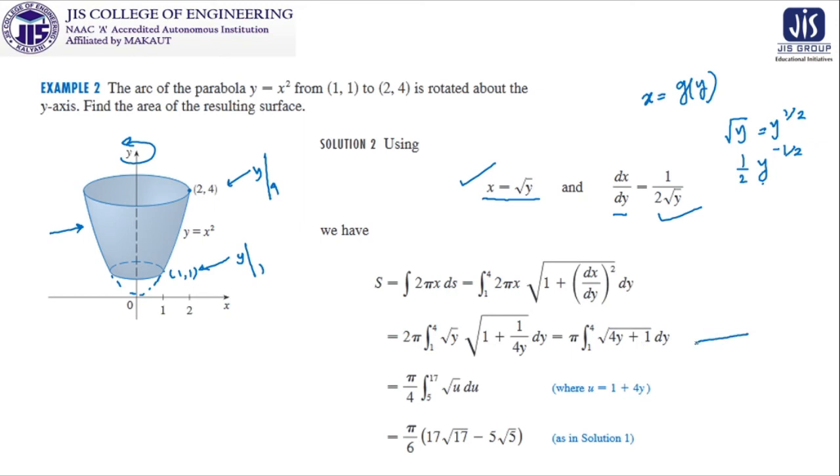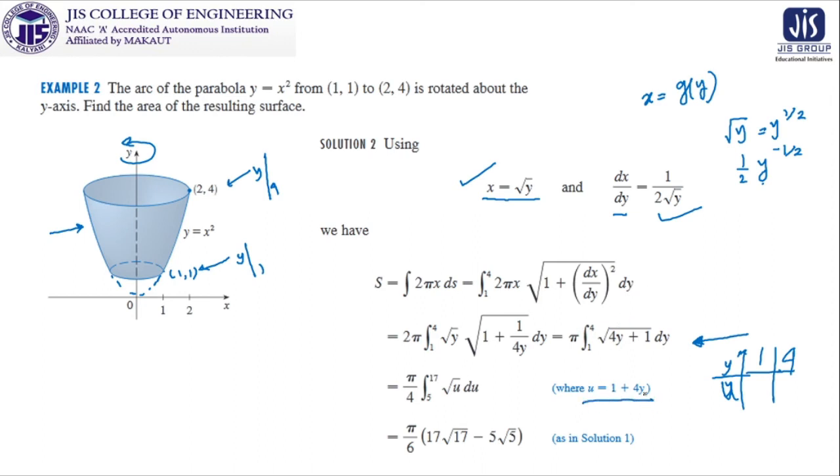Now we need the concept of substitution. You have to substitute it, and accordingly write y and u. So for y, the limits are 1 and 4. Similarly you have to find out the limits for u, by substituting in this relation u = 1 plus 4y.